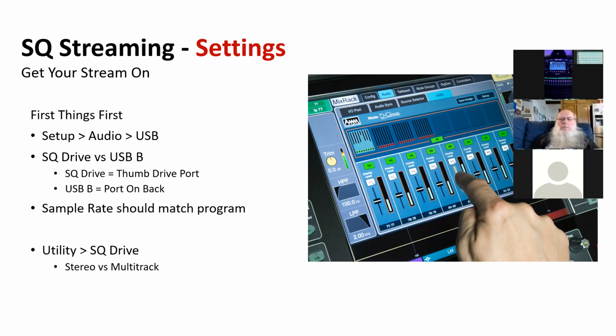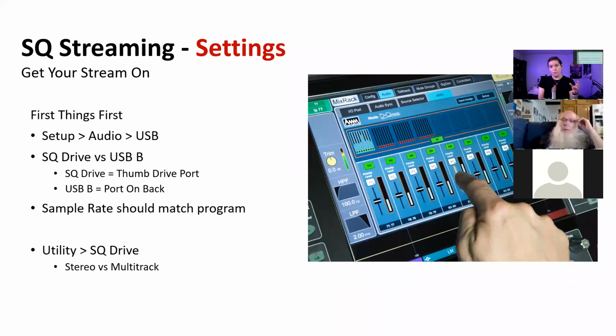And again, above and beyond all of the key points of being able to switch your sample rate, it should match whatever program you're going to use. Now, most DAWs or digital audio workstations, Tracks Live, Pro Tools, Reaper, Cubase, Ableton Live, you should be able to change all of those sample rates, but we just want to make sure that they are the same number.